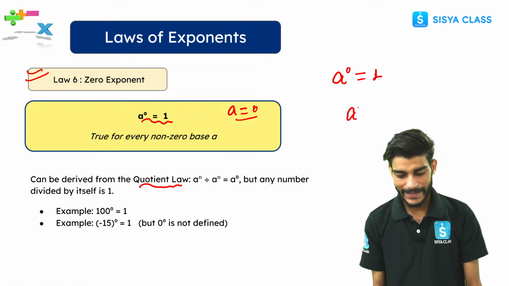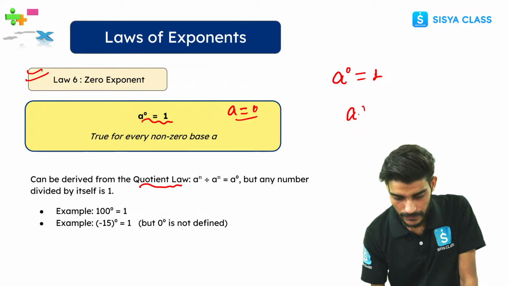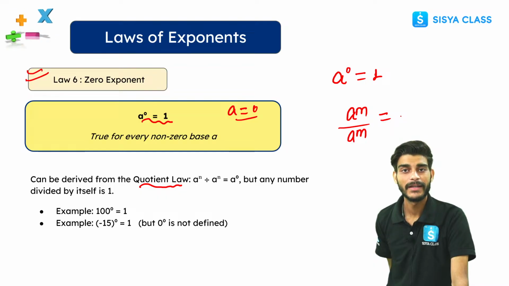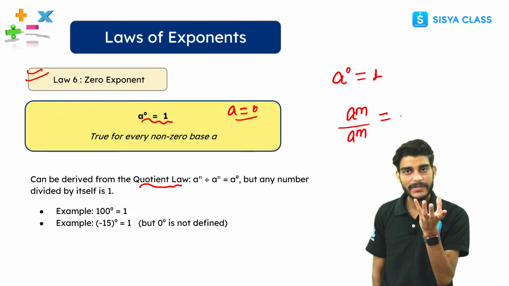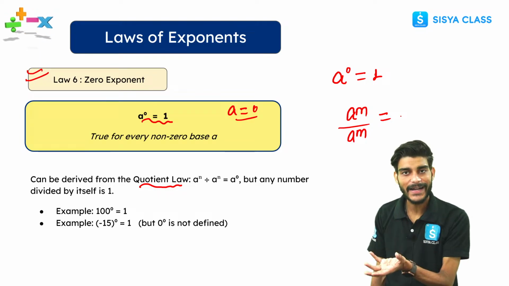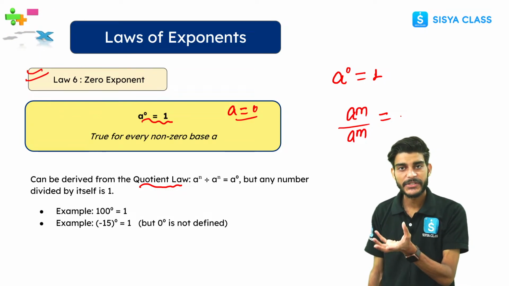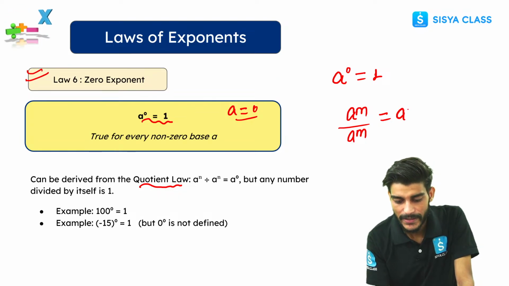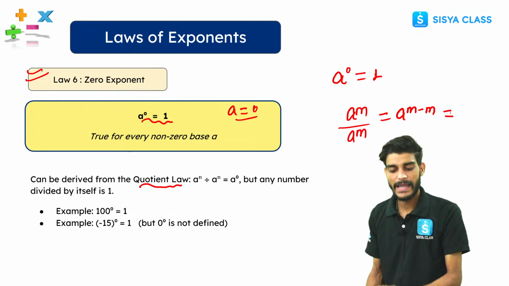So if you will divide A raised to the power m with A raised to the power m, what will it be? Use the quotient law. If we have the same base, subtract the powers. But here powers and bases are the same. So I'll subtract m with m only. So m minus m is 0.